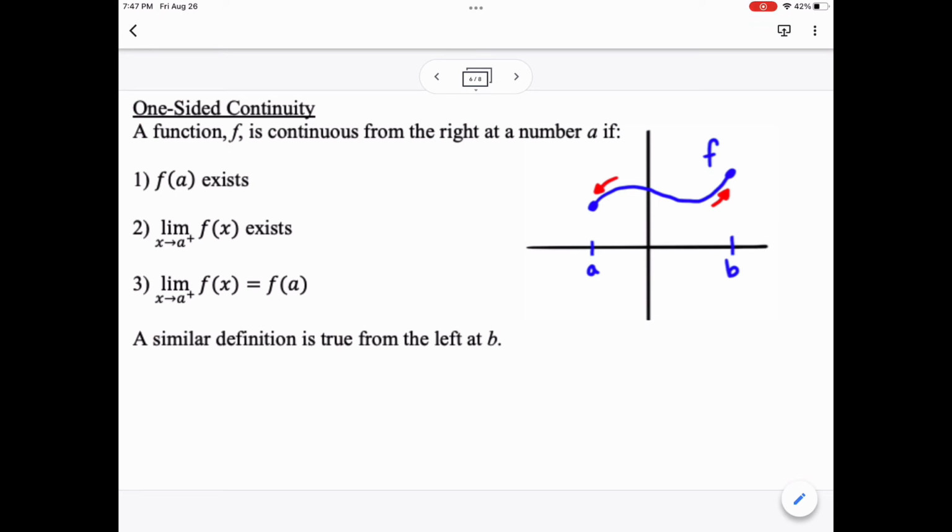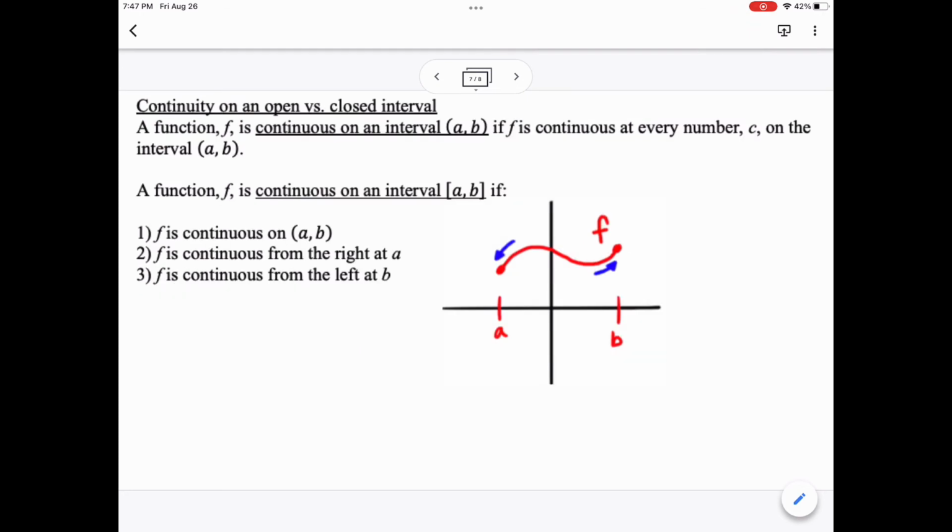You can also have one-sided continuity if you have that closed value at the ends, like f of a coming from the right, that limit exists, and those two things are equal to one another, then we can say it's continuous at that point. Same thing coming from the left.